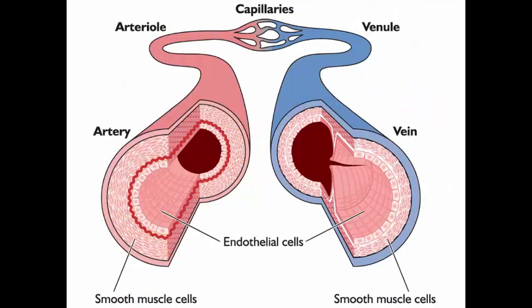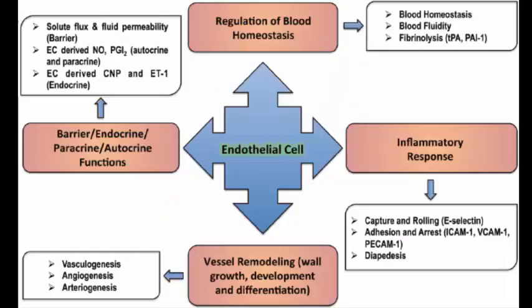We also must know about the endothelial function. Do you know that endothelium is also considered one of the largest organs of the body? The endothelium plays a vital role in the control of vascular homeostasis. It synthesizes and releases many vasoactive mediators that cause vasodilatation, including nitric oxide, prostacyclin, endothelium-derived hyperpolarizing factor.